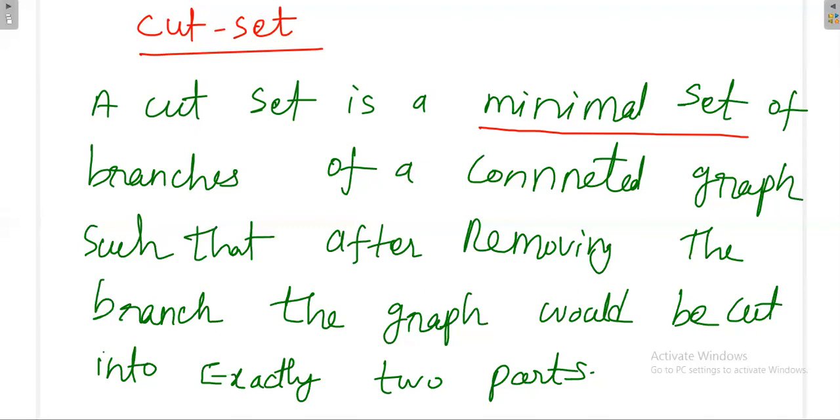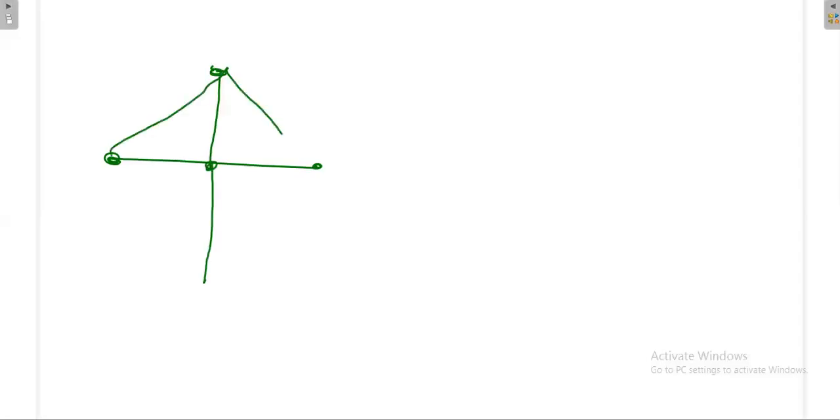For example, we'll take a simple graph structure like this with 5 nodes. This is a graph with 5 nodes, A, B, C, D, E. Is it a standard complete graph? No, it's not a standard complete graph because between A and C and others there is no direct connection.